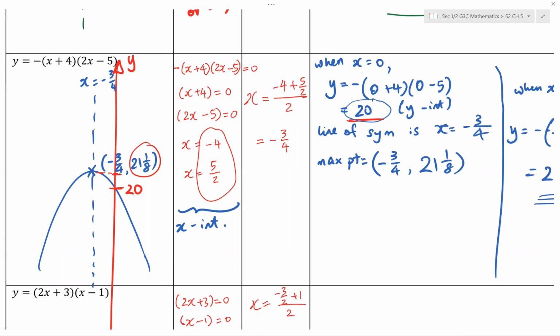The x-axis. You should have an idea of where it is already. Since we already have the y value of 21 and 1/8, and the y value of 20, where should the x-axis be? It should be way below.